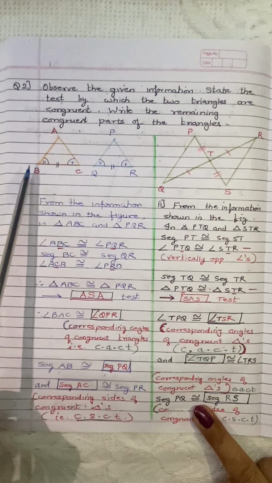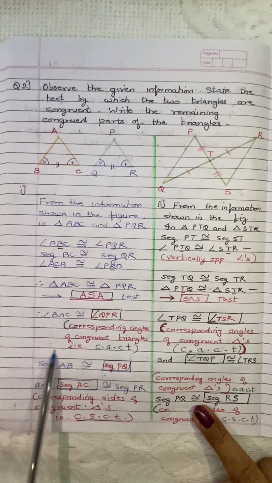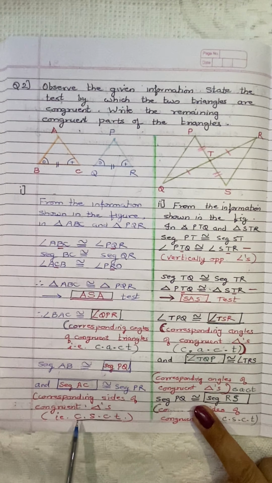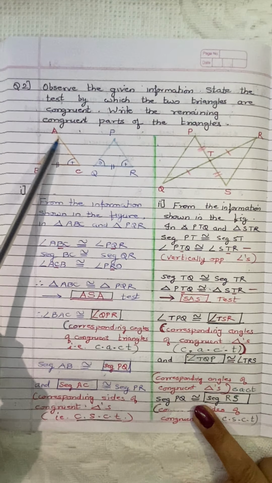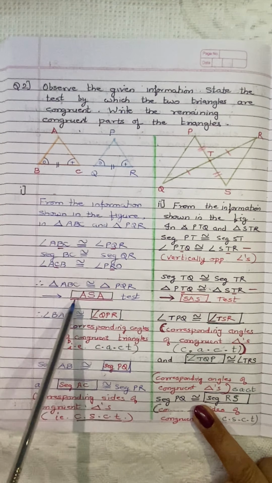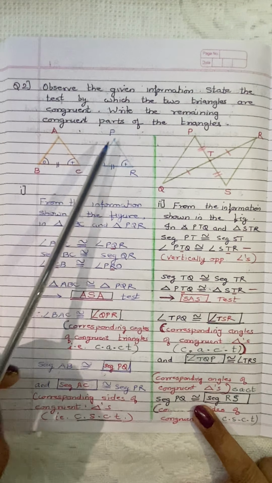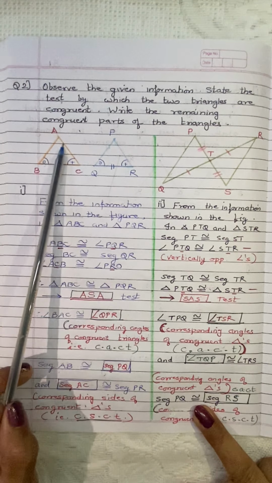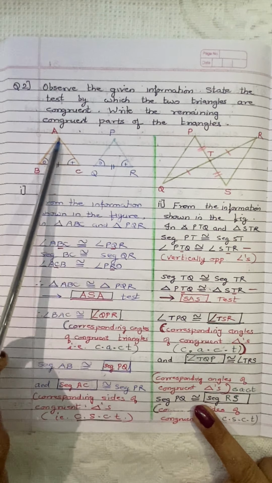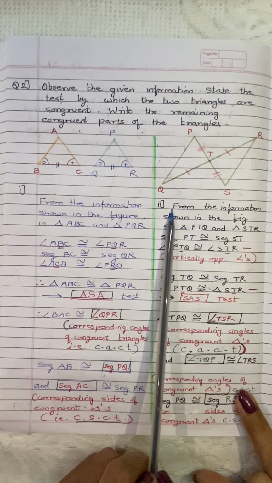So naturally AB is congruent to PQ, AC is congruent to PR. So segment AC is congruent to PR, corresponding sides of congruent triangles, CSCT. They are congruent triangles we proved by ASA test. So now we are talking about the sides are equal, AC is equal to PR. So we proved this angle is equal to this angle, this side is equal to this side. Let's come to sub question 2.